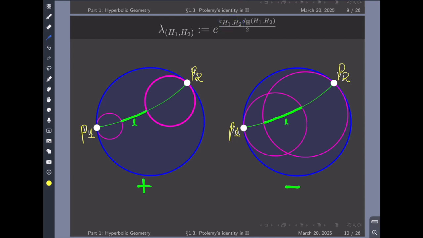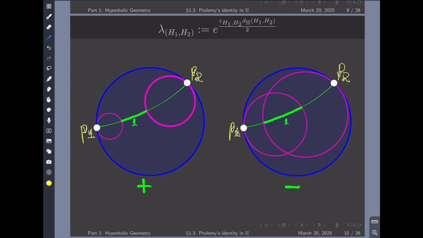If they cross each other, if the horocycles intersect, or even if they are tangent, I define epsilon of them to be minus. So the sign is just telling me whether the horocycles cross or not. That's all it's telling me.